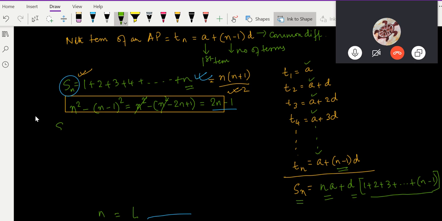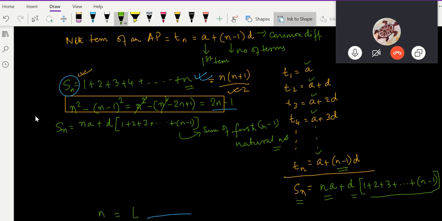So we can write Sn is equal to na plus d into 1 plus 2 plus 3 up to n minus 1, which is nothing but the sum of the first n minus 1 natural numbers, correct?